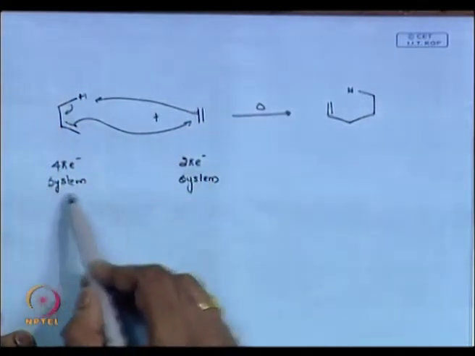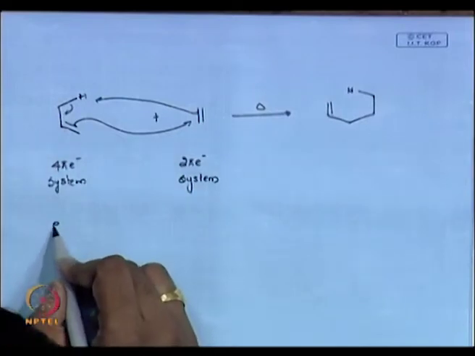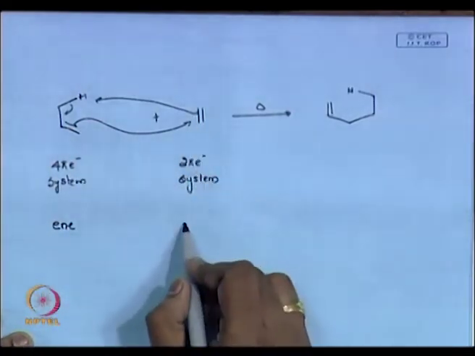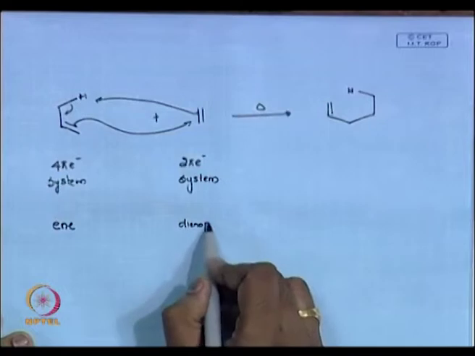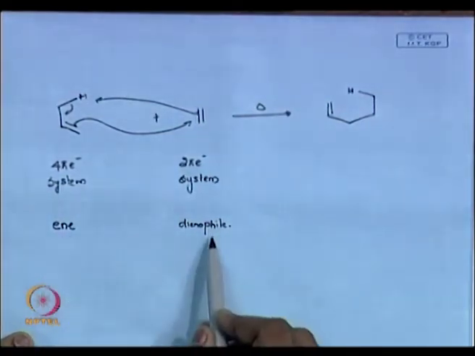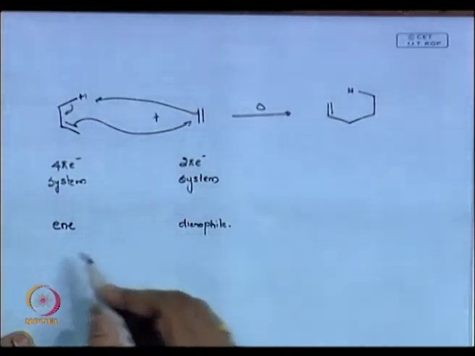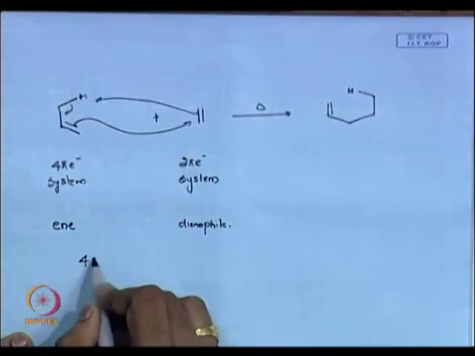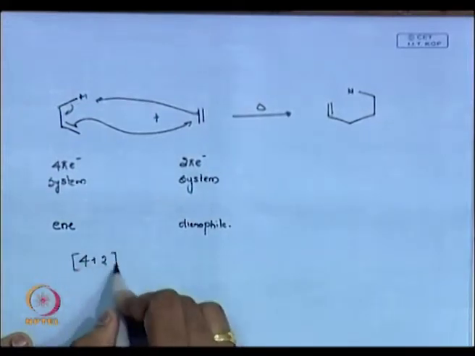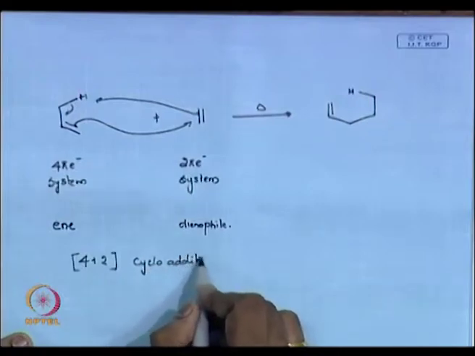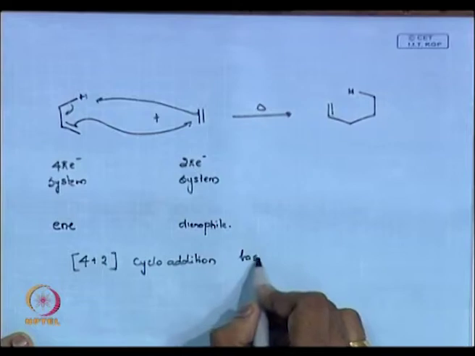Same way, in this case we will call it an Ene, because it is not a diene system, it is an Ene system, and this we can call similar to a dienophile. So, you have an Ene plus dienophile, and this addition should be a 4 plus 2 cycloaddition based on the Woodward-Hoffmann rule.